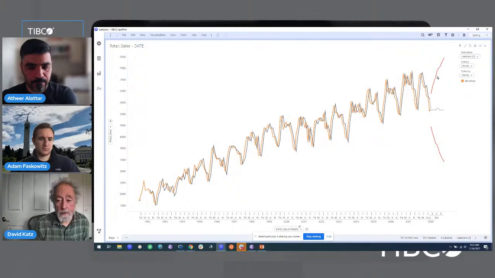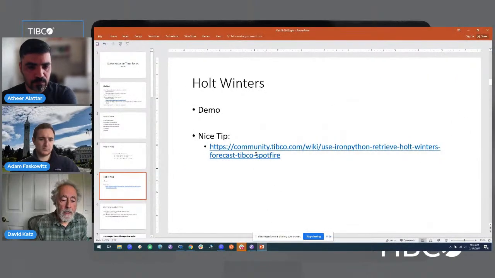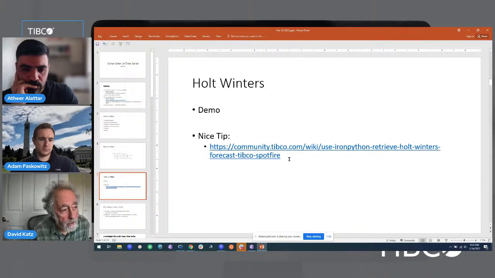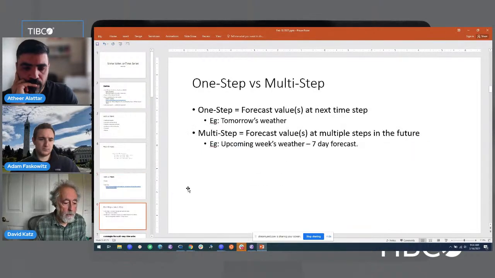So here you have the forecast and the confidence interval, but you would have to do a separate plot or go through some effort. One thing that's nice is that there's a nice article on how to use IronPython within Spotfire to retrieve the forecast, and then you can plot it in conjunction with the actuals. Oh, okay. So that's something you might want to do.